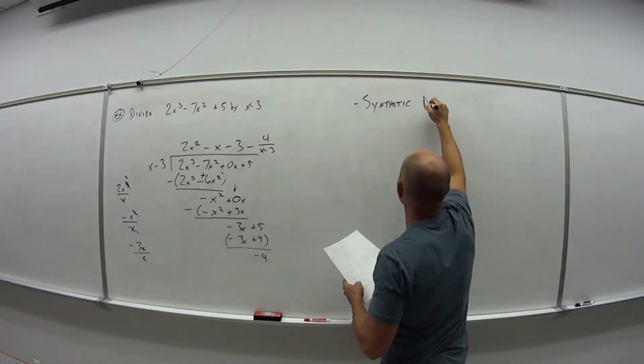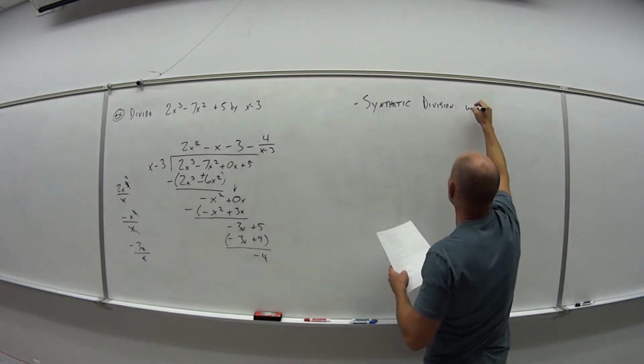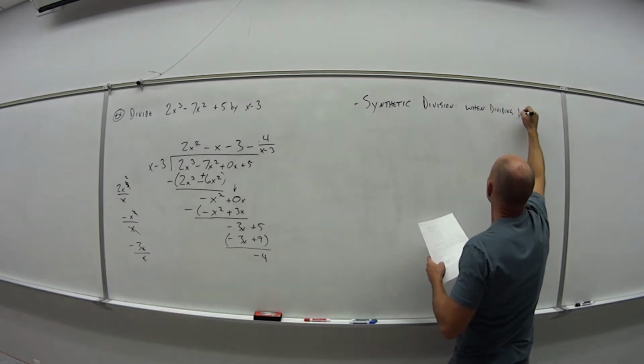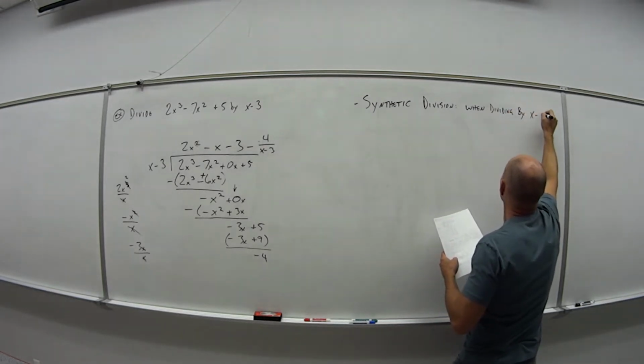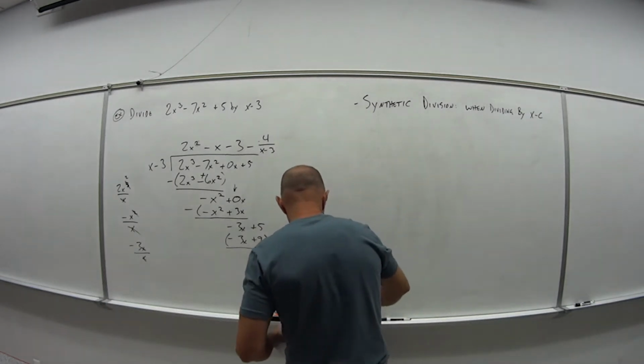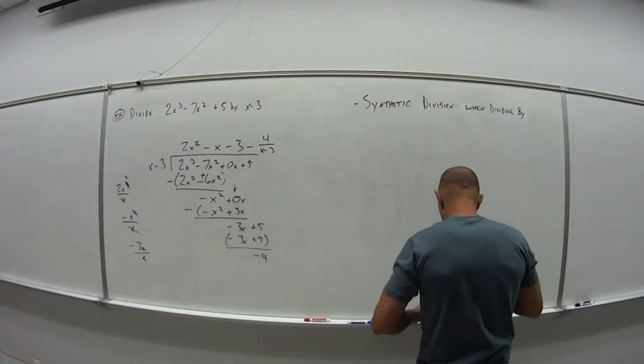So synthetic division says the following. When dividing by x minus c, and that's the critical piece here. So actually let me change colors just to make sure that we understand this is our critical piece.